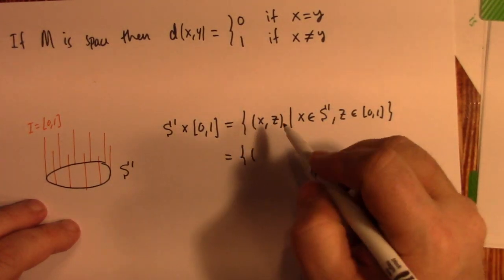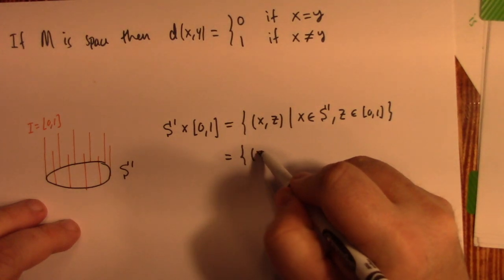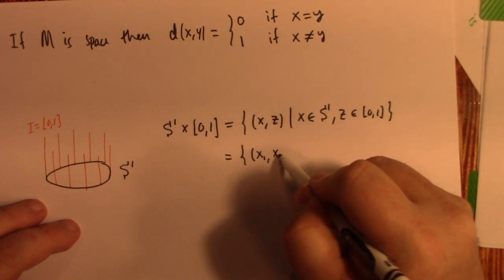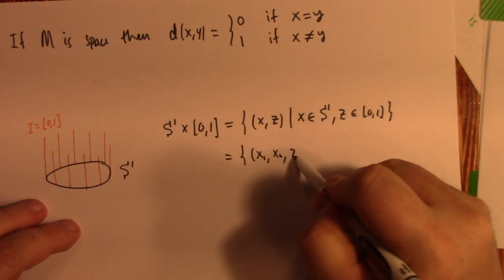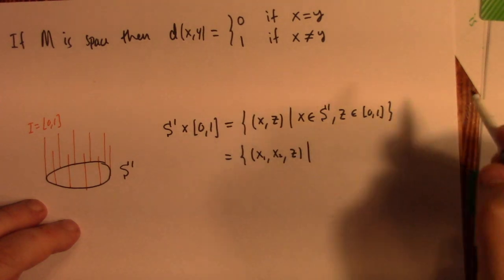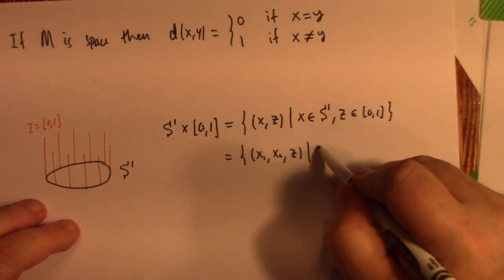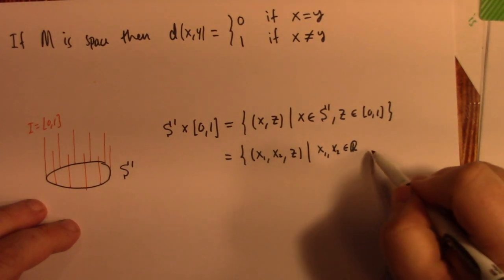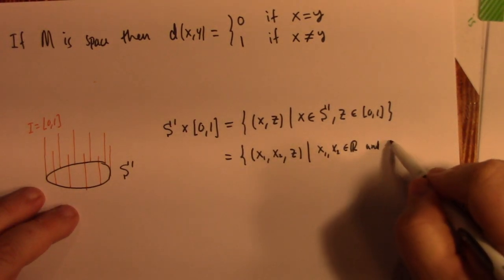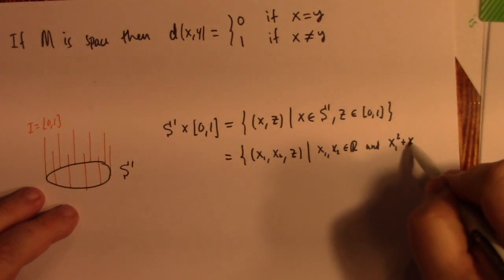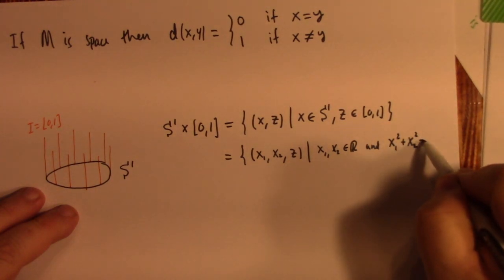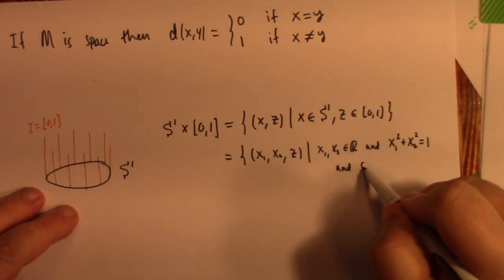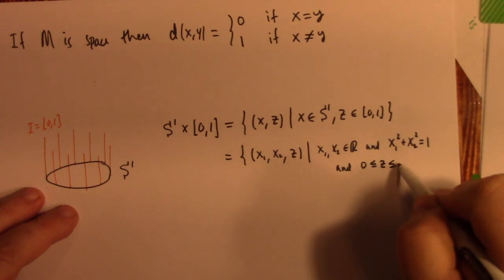So x is in S1, which is really to say you've got x1 comma x2 perhaps, and z, such that x1 and x2 are real numbers, and x1 squared plus x2 squared is equal to 1. They're on a circle. And 0 is less than or equal to z is less than or equal to 1. All right.